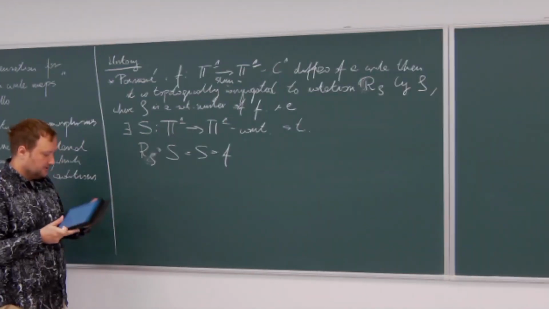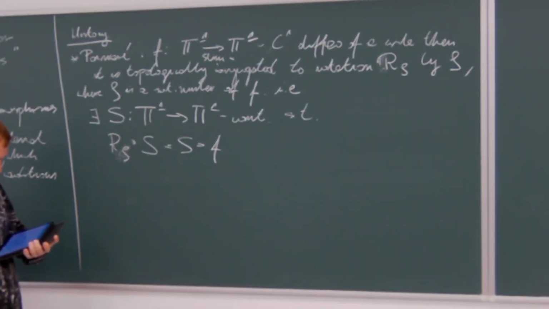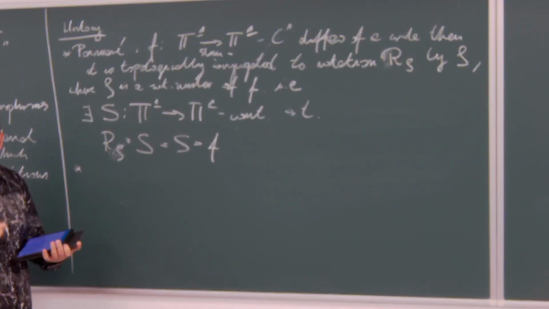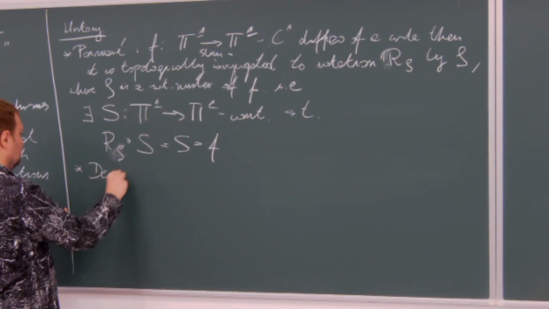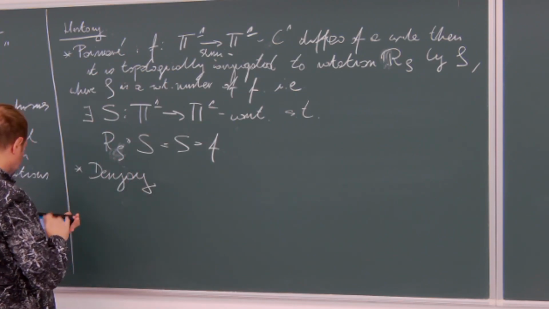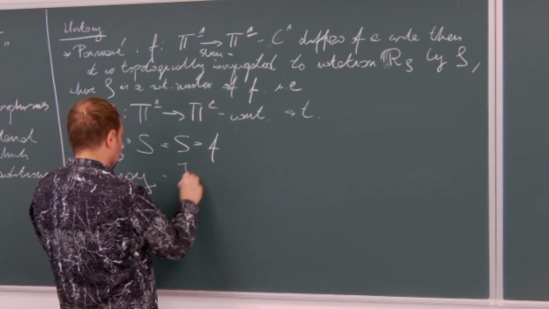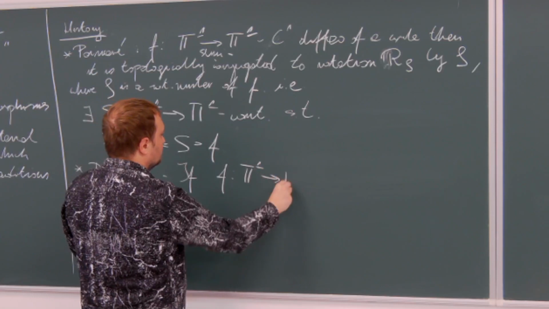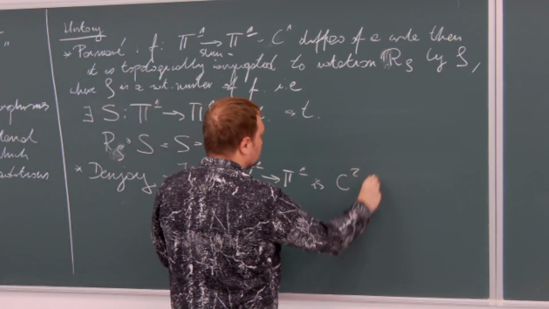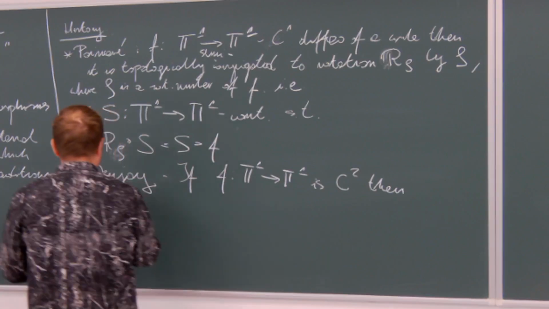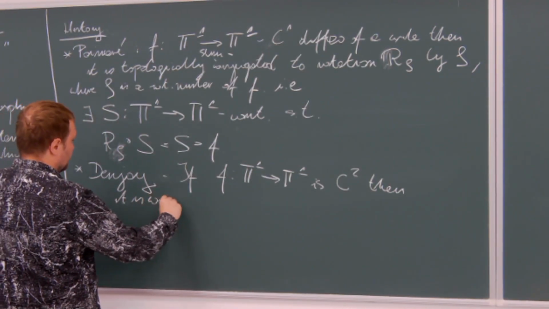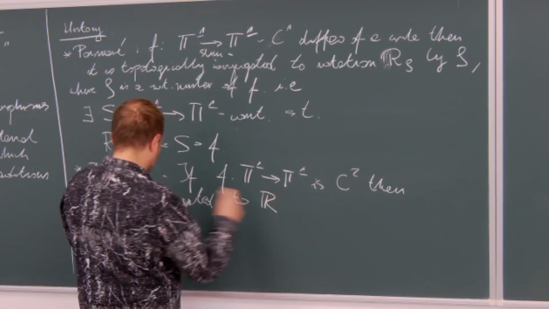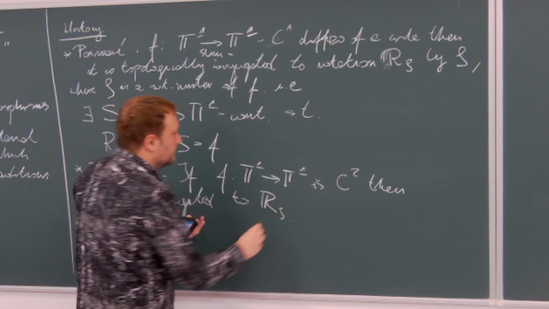Perhaps the most important that I need to mention here is the result by Denjoy. Denjoy proved that if F is C2, then it is conjugated to R rho. I didn't say something.